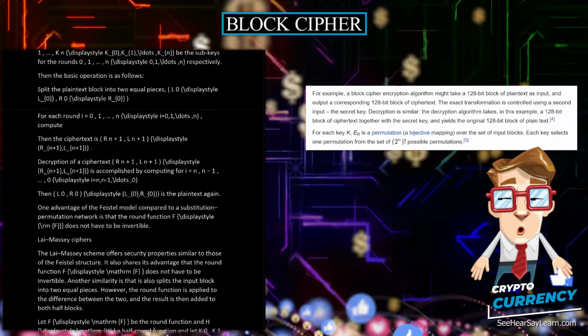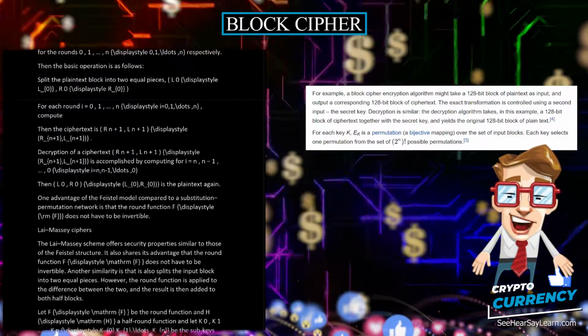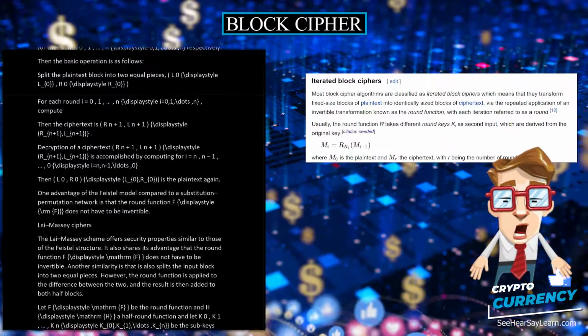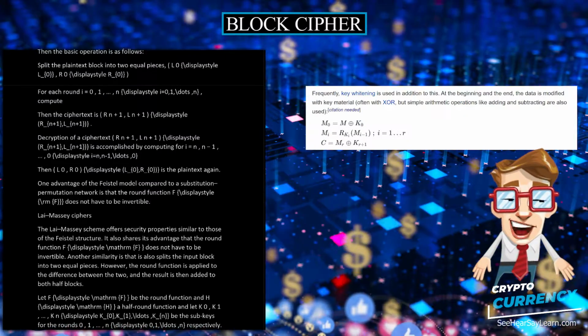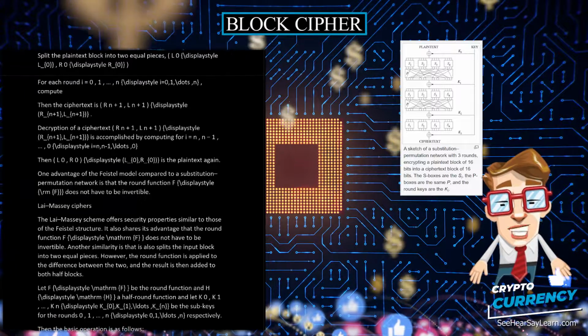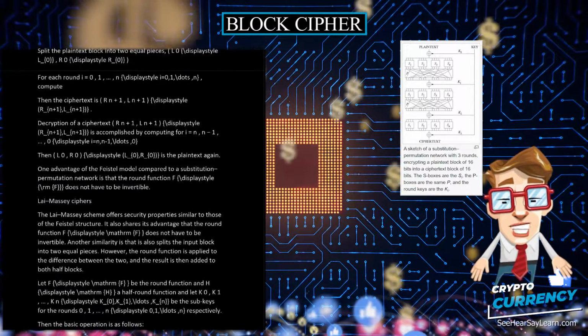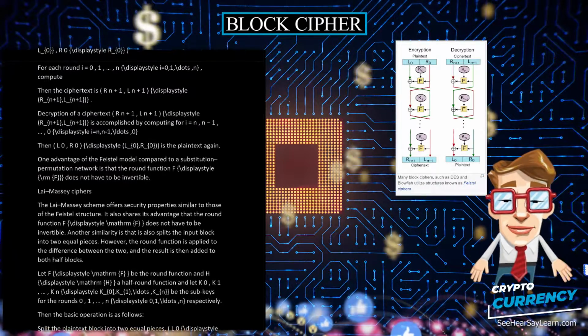Then (L_0, R_0) is the plaintext again. One advantage of the Feistel model compared to a substitution permutation network is that the round function f does not have to be invertible.